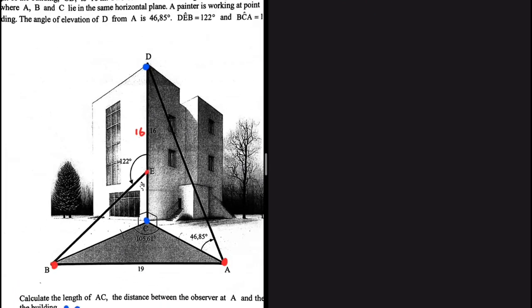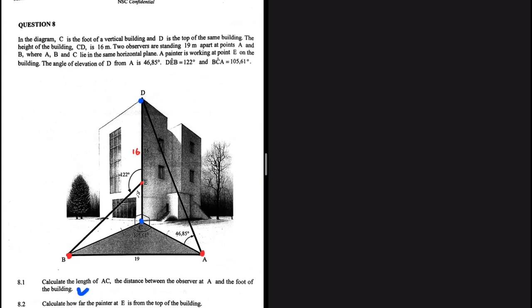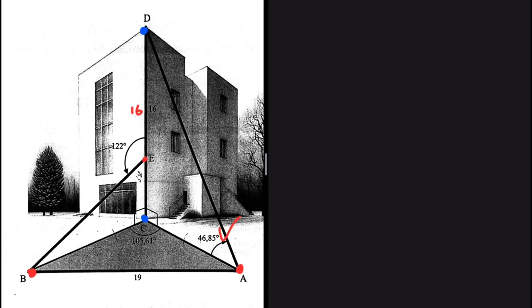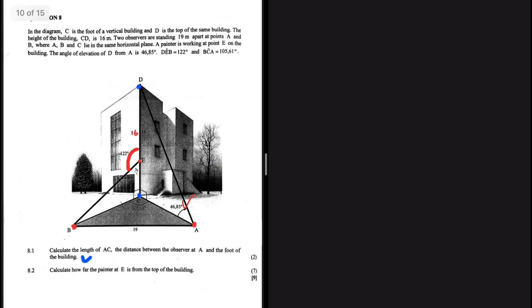On the building, the angle of elevation of D from A is 46.85, we can clearly see that on our sketch. And then DEB is 122, here it is, and BCA is 105.61.